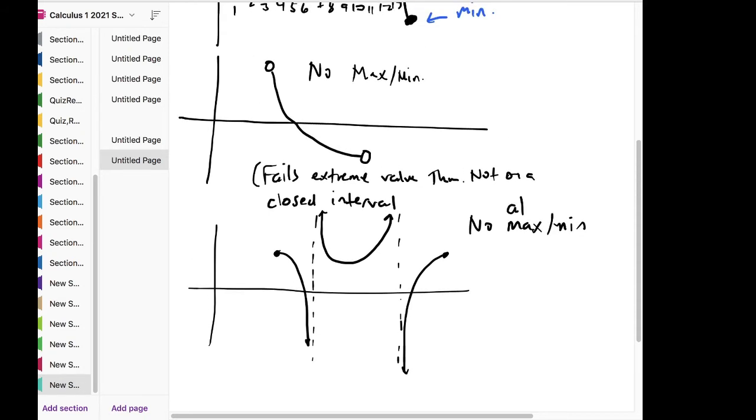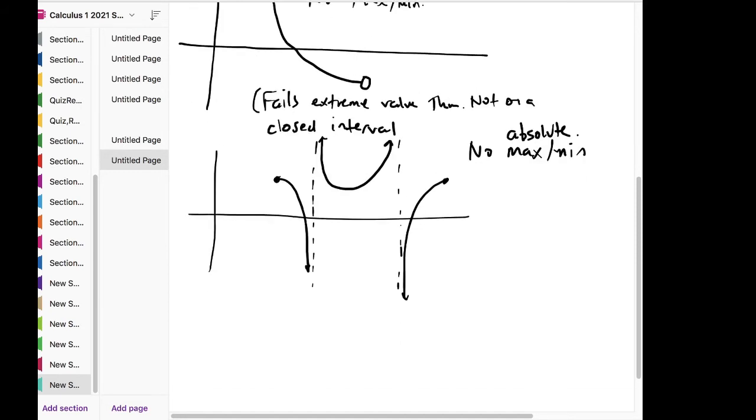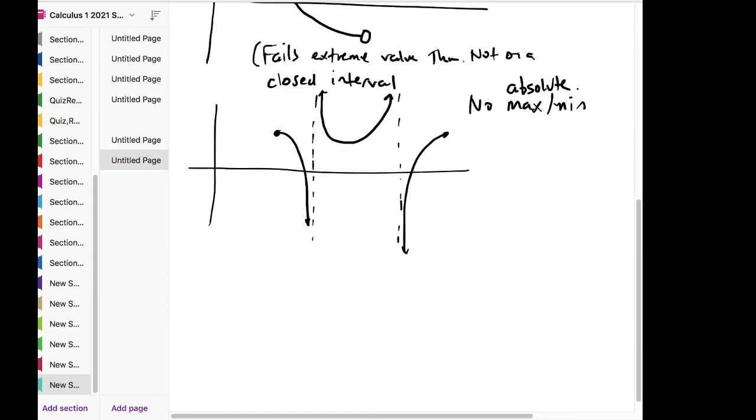It might have something else. And why does it fail the extreme value theorem? It's not continuous. Yeah.